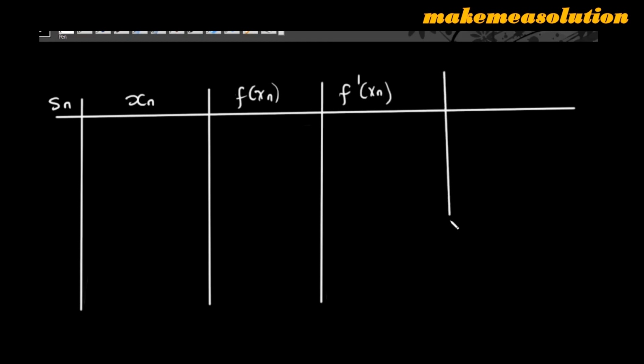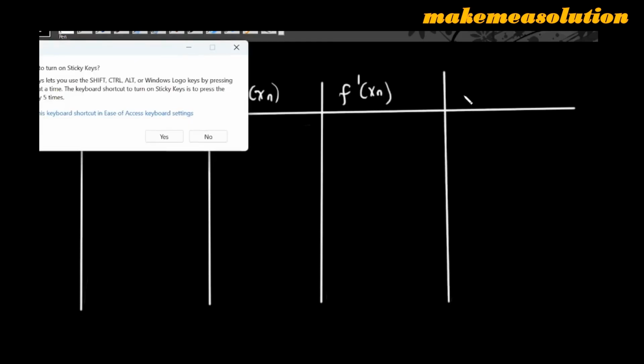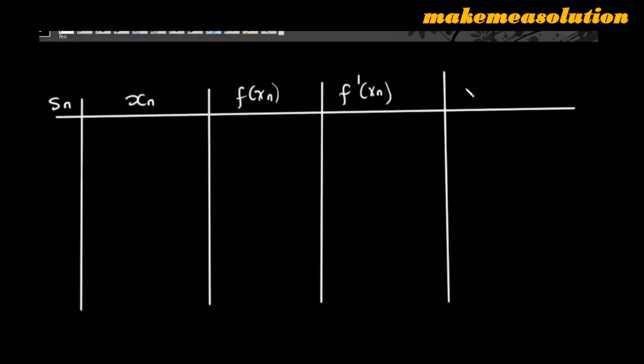Then the last column is going to be labeled as xn plus 1 is equal to xn minus f of xn all over f prime of xn. Typically, this value minus the ratio of these two values will give you your xn plus 1.